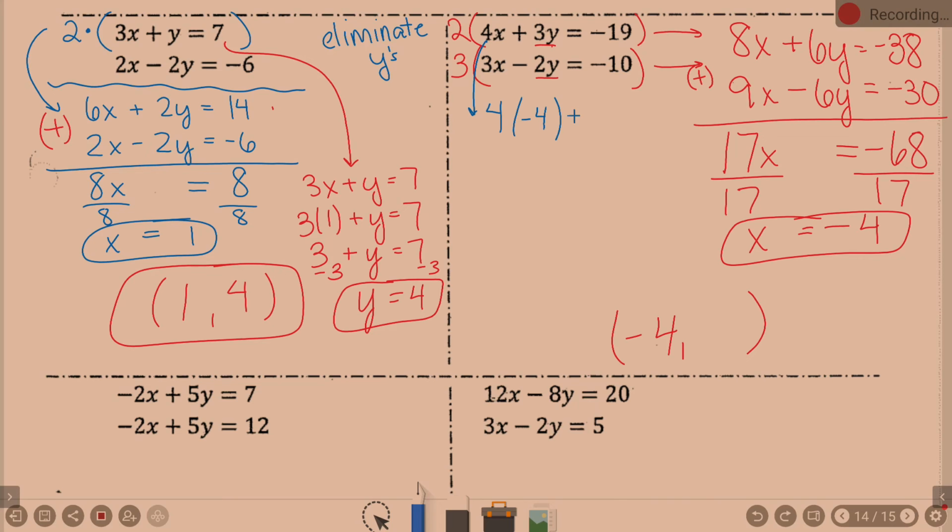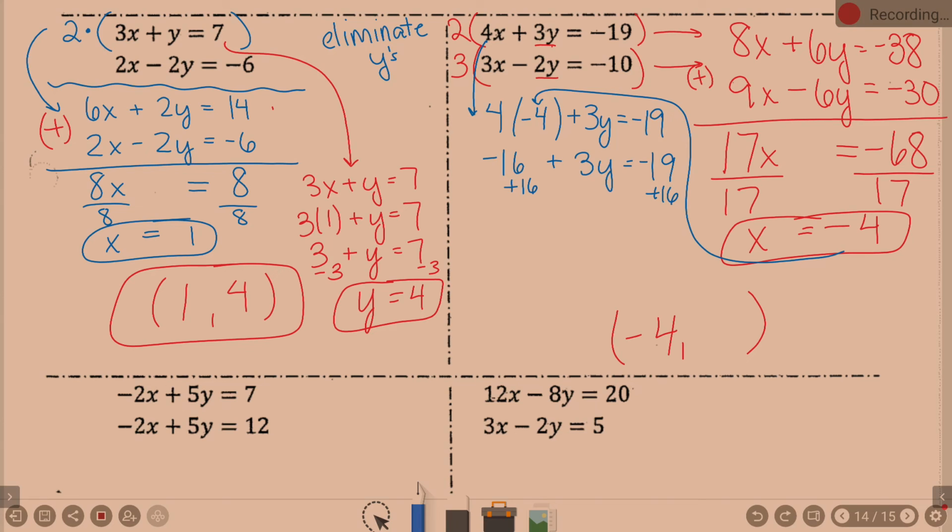4 times negative 4 plus 3y equals negative 19. Recheck your math. So, 4 times negative 4 is negative 16, plus 3y equals negative 19. How do I move the negative 16 to the other side?